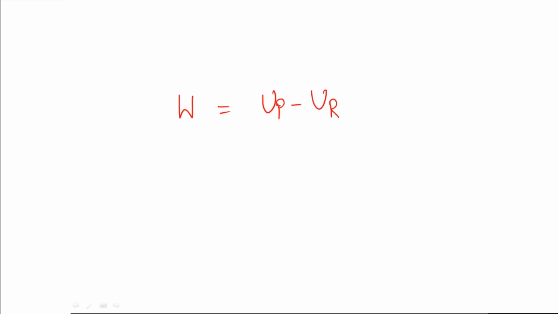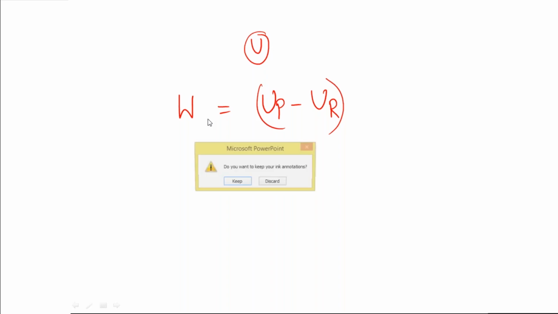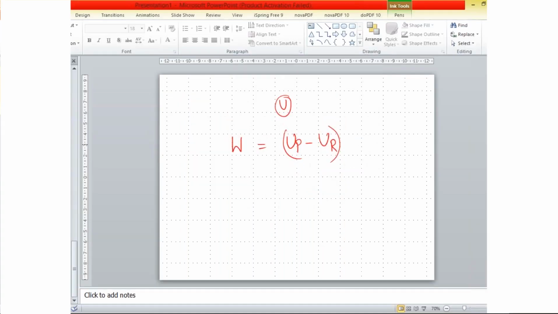Generally in mechanics, or in electrostatics, anywhere you go, potential energy is denoted by U. So the potential energy at P is UP, and at position R is UR. This difference is the work done that the external force has to do to bring the test charge from R to P.